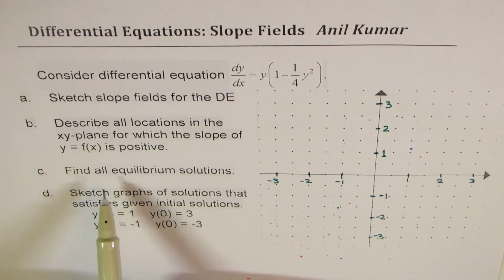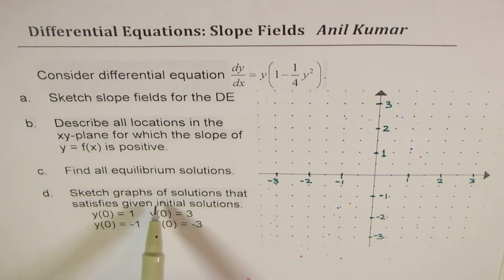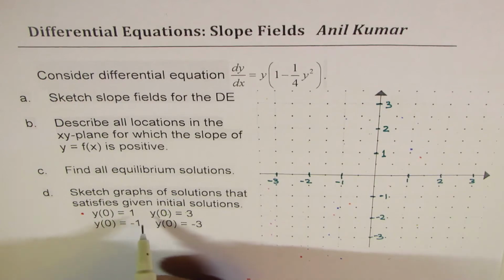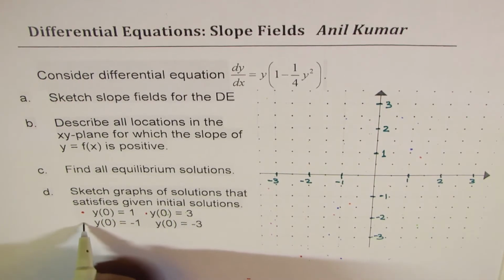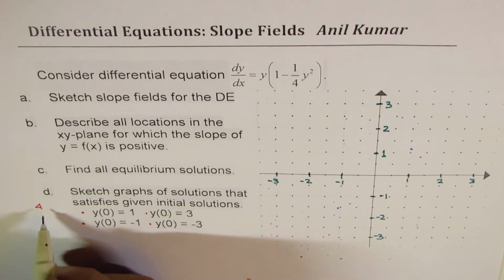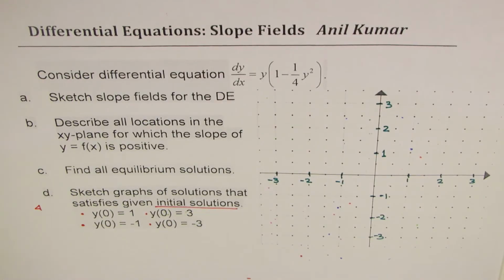C is find all equilibrium solutions, and D is sketch graphs of solutions that satisfy the given initial conditions. So these are different conditions, right? y(0) equals 1, y(0) equals 3, y(0) equals minus 1, y(0) equals minus 3. That means we are looking for 4 graphs, right? 4 initial solutions, right?